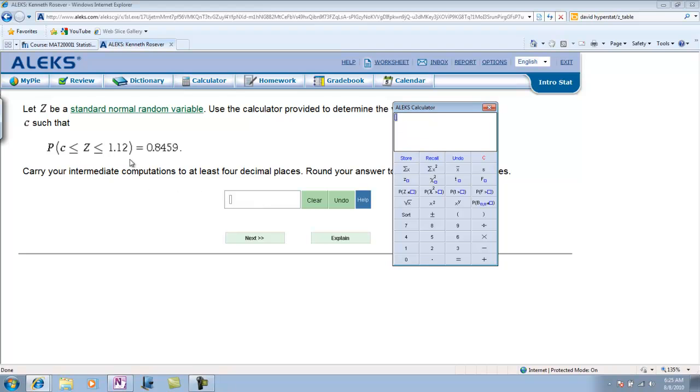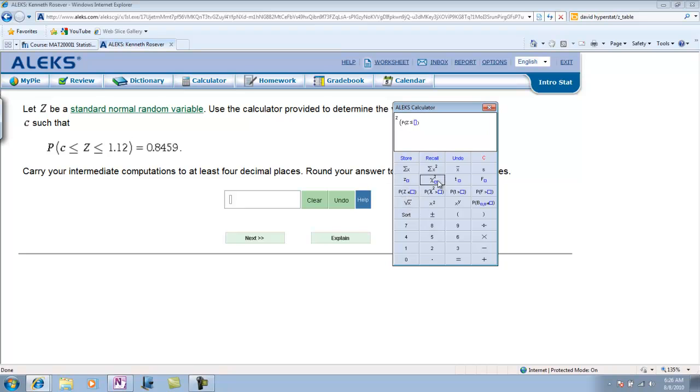In order to answer this question, which is finding C, so that between C and 1.12, between those two Z values, we have 84.59% of the population. They want us to find a C that makes that happen. I'm going to have to use this button here. I'm going to use a parenthesis.